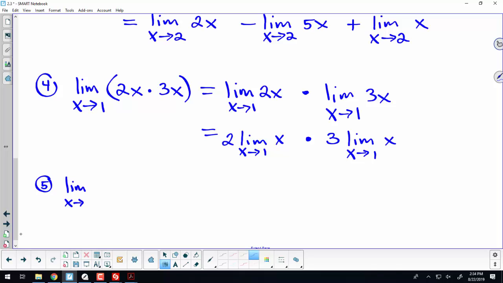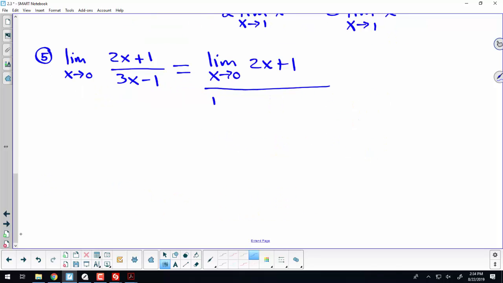So the limit as x approaches 0 of 2x plus 1 over 3x minus 1. We could say that to compute that limit, it's equivalent to taking the limit as x goes to 0 of the numerator and dividing that by the same limit on the denominator.